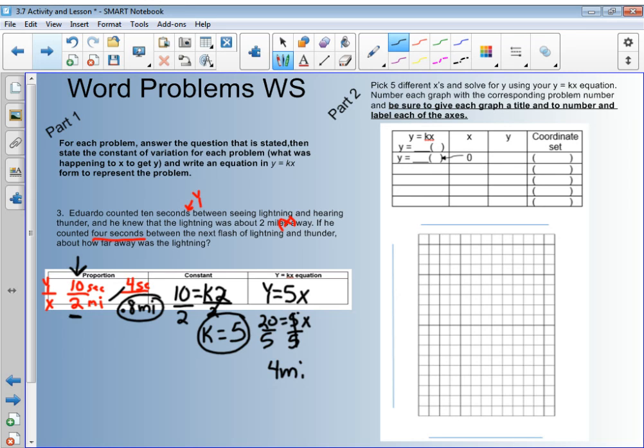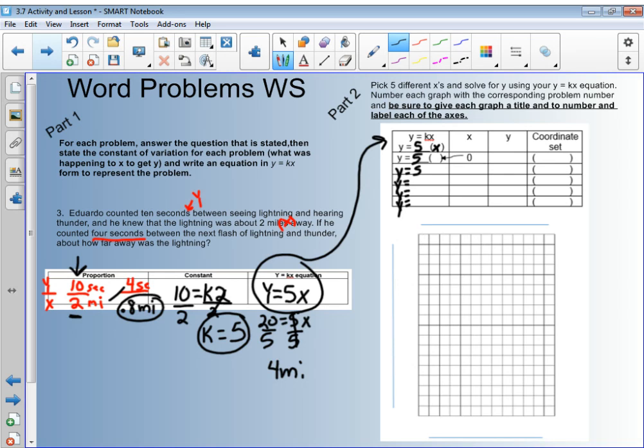So now we're going to go ahead and pick some different X's and Y's. We just found out our K, and this is the equation right here that we're going to use. If you want to use this as one of your graphs on the back side of your worksheet, you can. So we've got Y equals 5 times our X, and we're going to substitute in for our X. Maybe for our X's, because our X's were our miles, right?